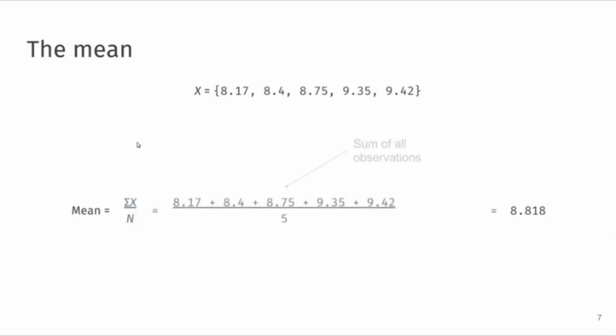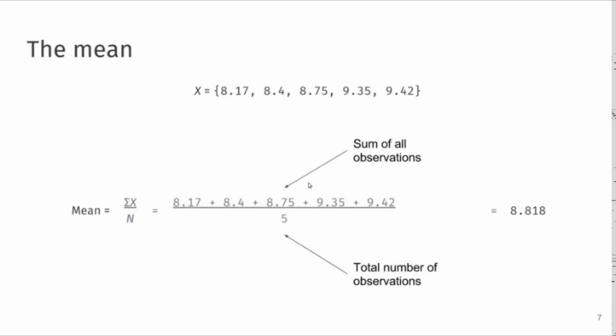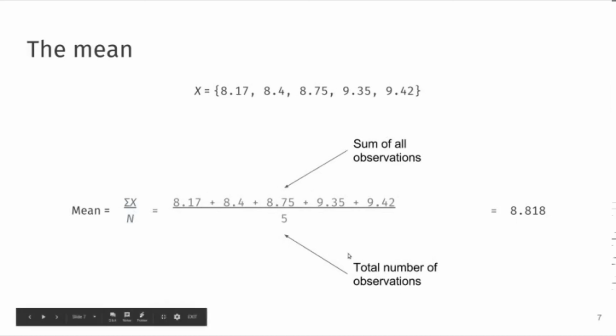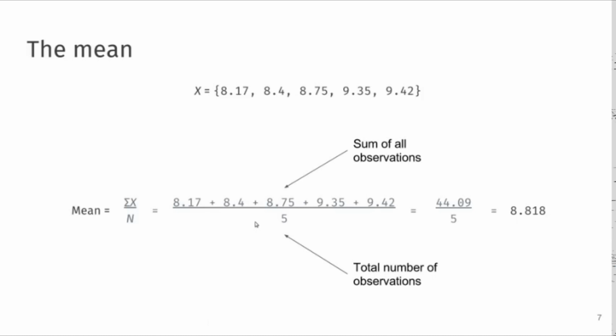So that expanded looks like this. In the numerator, we have the sum of all the observations, and we divide that by the total number of observations. If we take out our calculator and plug in these numbers, you can see my slide animation didn't quite work, so it gave away the ending. But the mean finishing time for this set of data is 8.8 and some change hours.